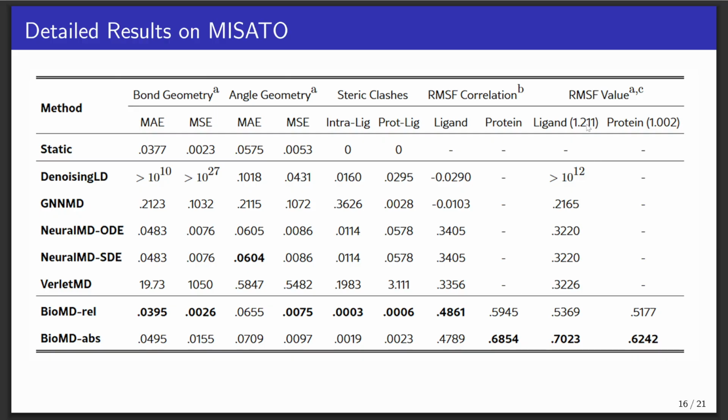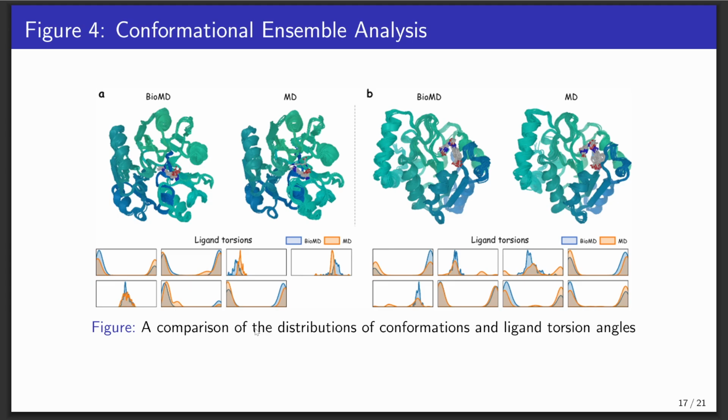But for RMSF recovery, BioMD-abs, which uses the absolute coordinates, often performs better. Here is the case study of a special case. We can see that BioMD can in general recover most of the distribution of the ground truth MD.